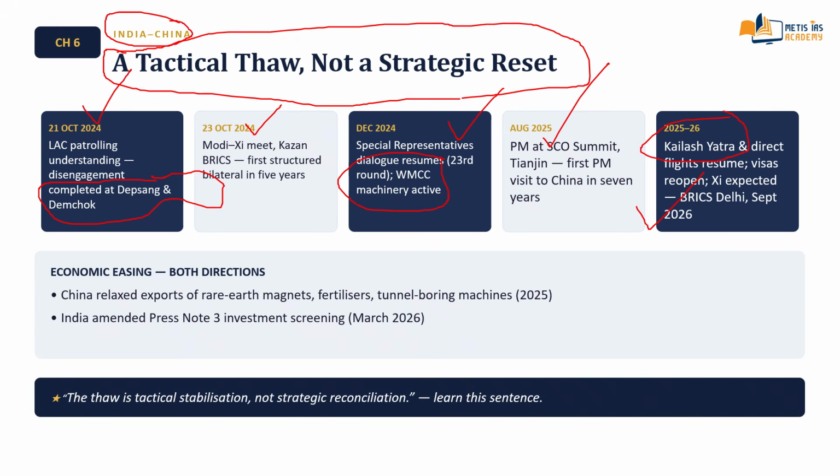Then comes the way forward, that is the fourth one. What is the way forward here? Maintain peace and stability along the border, strengthen diplomatic and military dialogue, build confidence through sustained engagement, expand cooperation in mutually beneficial areas, and manage competition reasonably while preserving strategic autonomy.